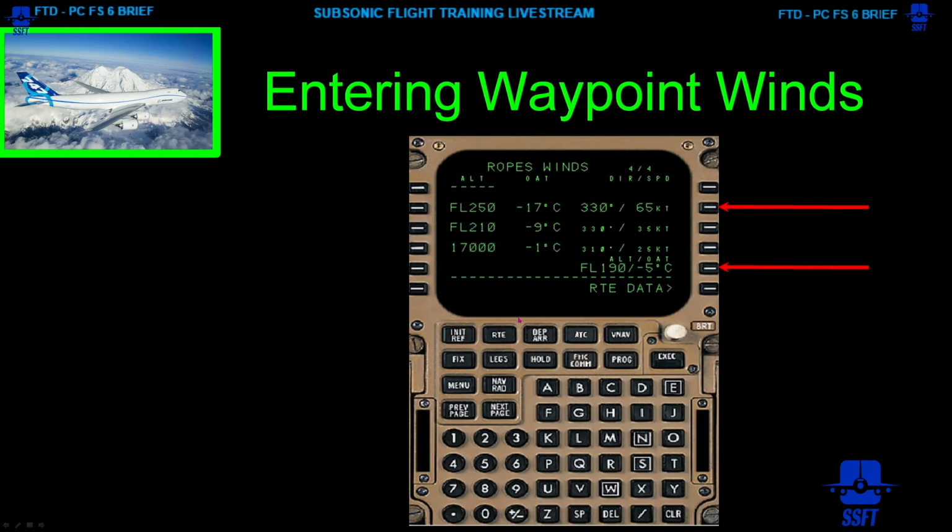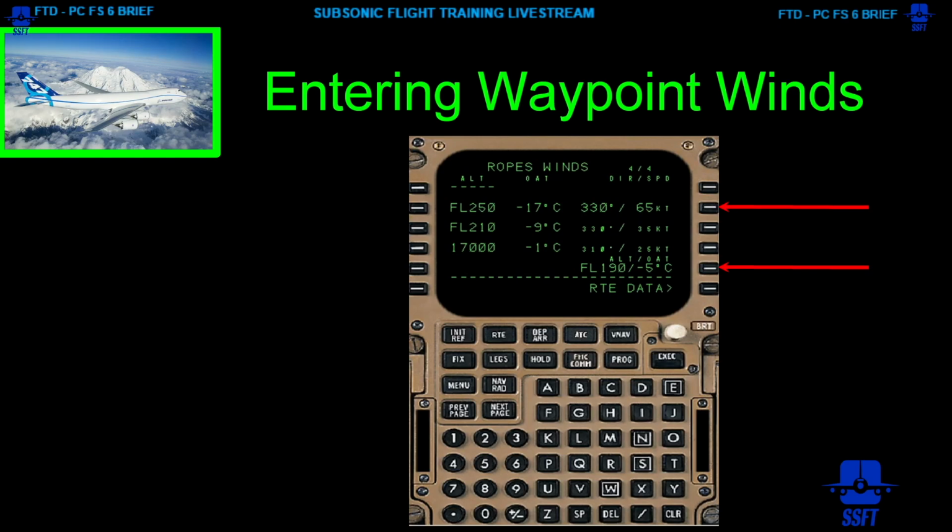You can also put in an altitude and outside air temperature like they have here. They put in 190/-5, and that would be a known temperature for the altitude that you're at. And then it will figure out the outside air temperature for these particular altitudes based on a standard lapse rate of 2 degrees centigrade per 1,000 feet.